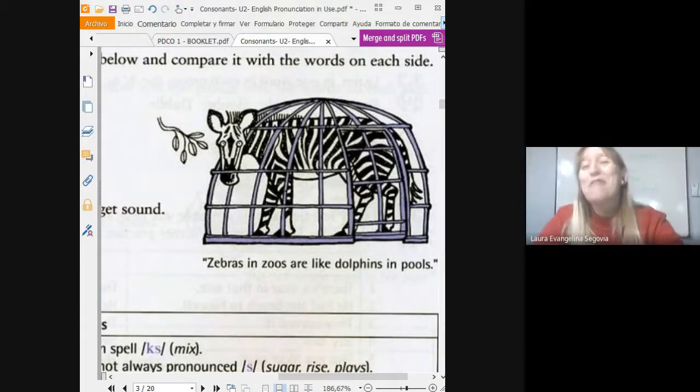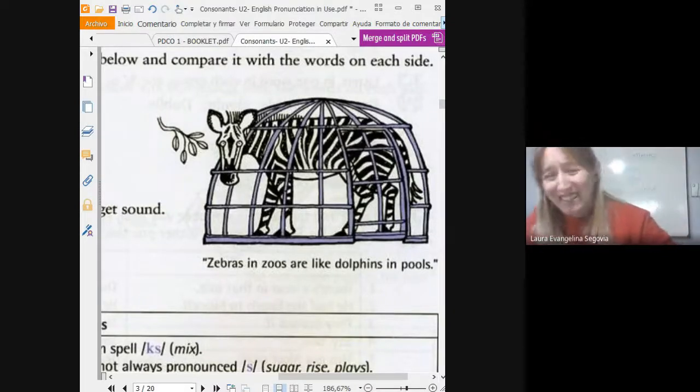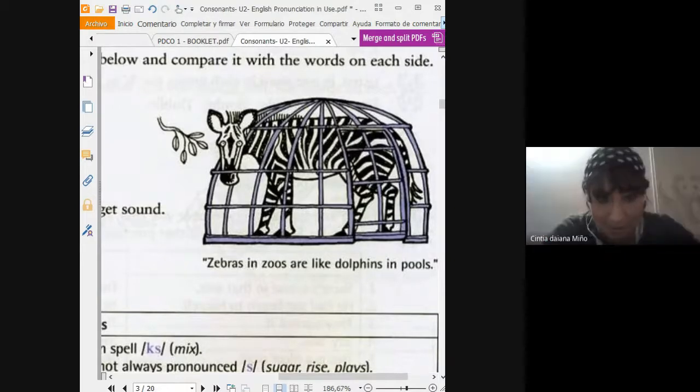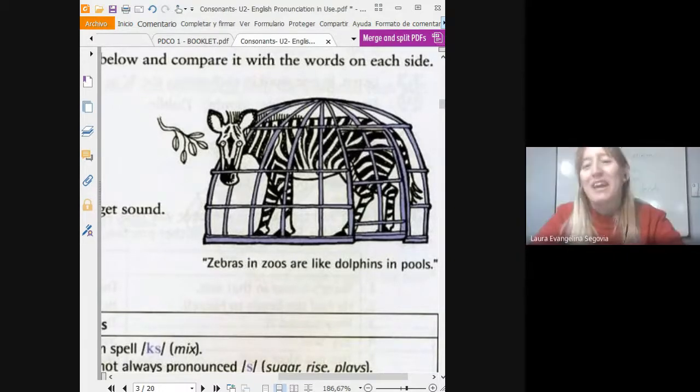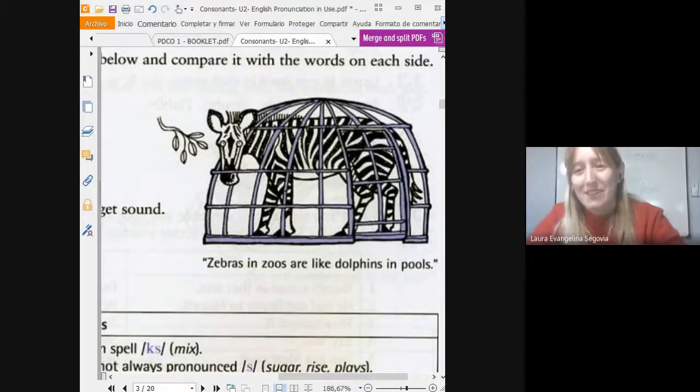Fiona is not a queen. It's a princess. Come on. Again, one more time. Zebras in zoos are like dolphins in pools. Dolphins in pools. That's it. Thank you, Cynthia.